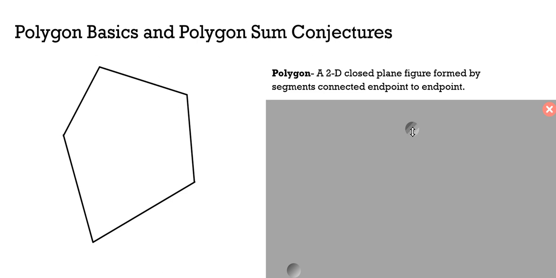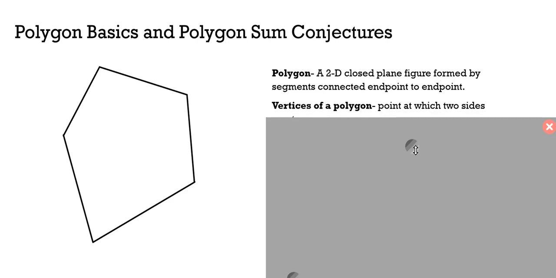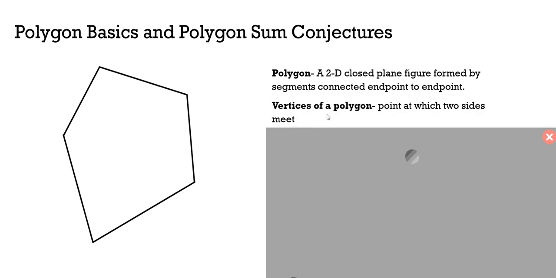It meets all those criteria. Vertices are just the points at which two sides meet. The vertices are how we name the polygon. So this would be polygon ABCDE. We don't usually go too crazy naming things much beyond a pentagon like we have here. But however you name them, you have to name them in order.